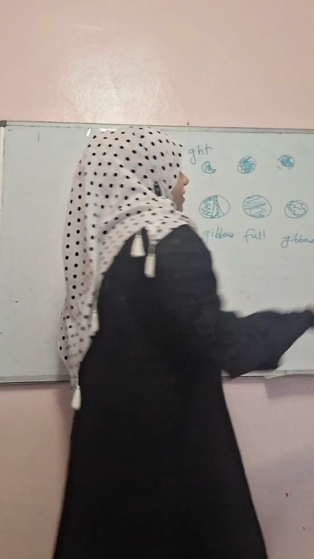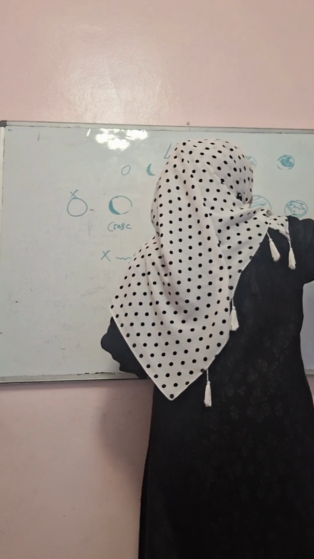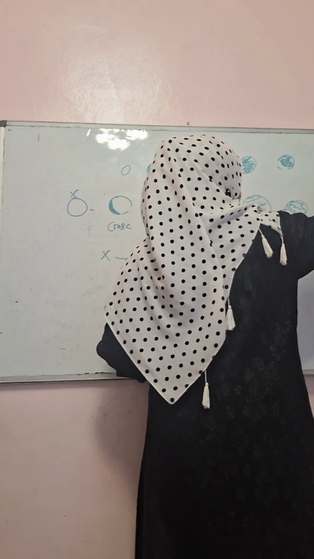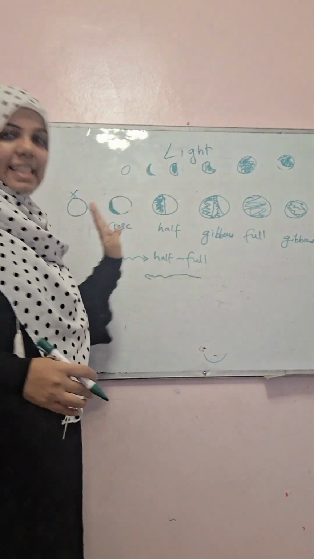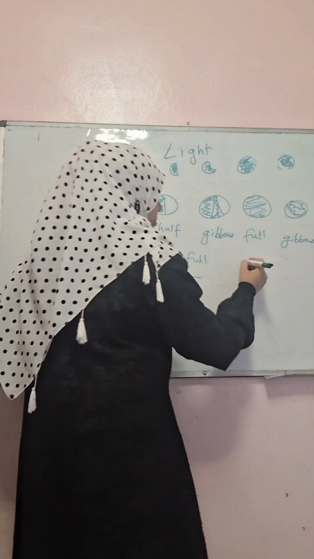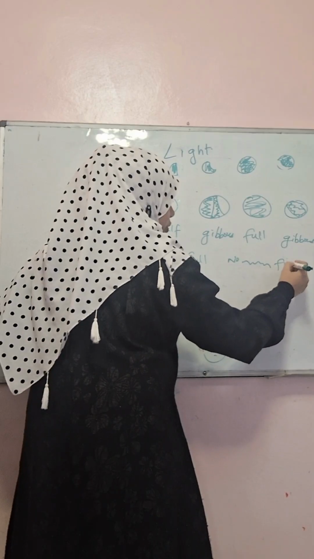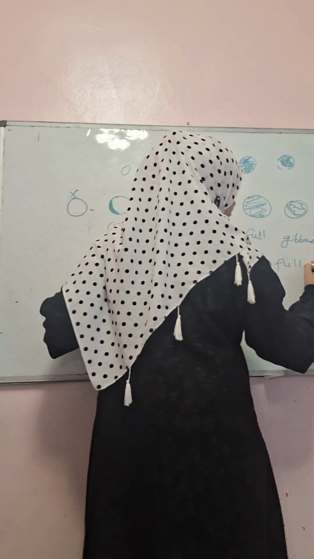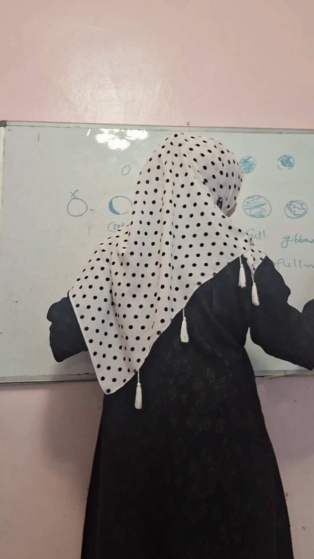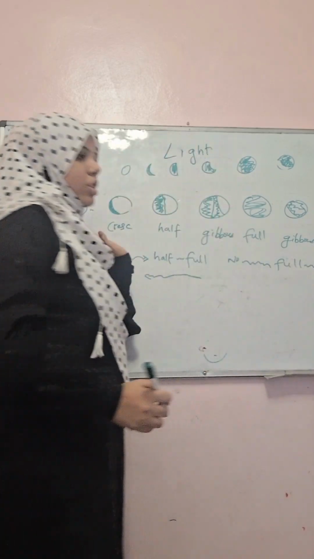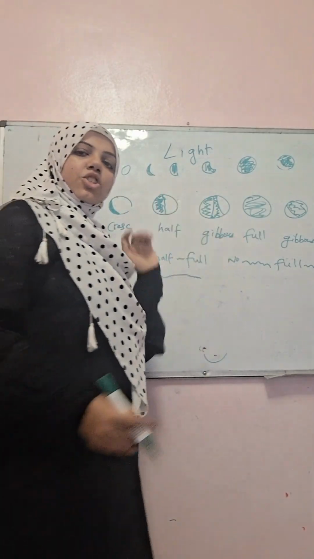And after half, less than half comes, which is a crescent. So just remember, moon has 8 phases, and it goes from no moon, growing to full, then from full shrinking, and then no moon. So this is how the moon changes its shape.